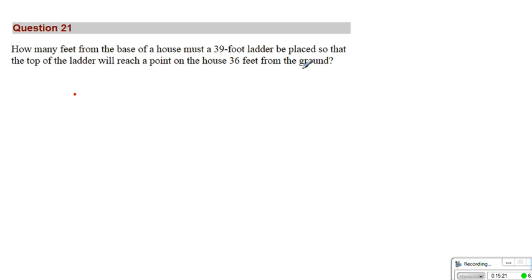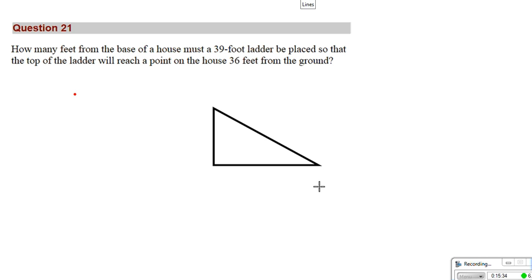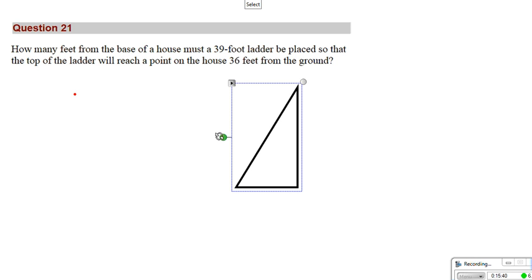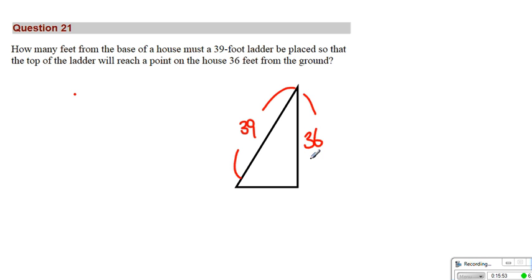Now, what we are looking for here is, imagine this is the 39-foot long ladder, and you want to reach 36. Then how much should you be taking out from the base of the house?